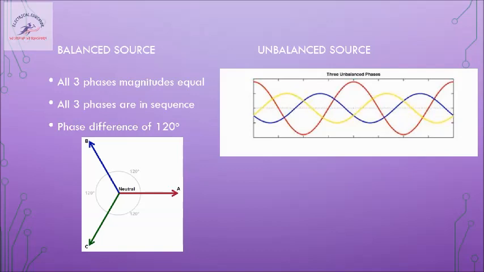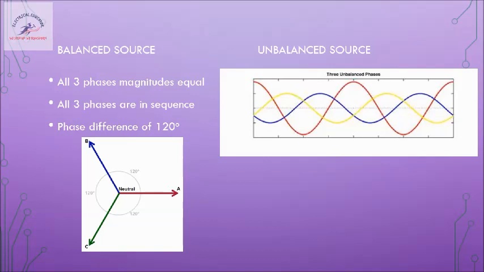Now, there are various types of unbalances possible, and it is not possible to give a general equation using those three equations for an unbalanced source, because each and every time the magnitude will change, the phase angle will change. So how to generalize this unbalanced source by a standardized equation?